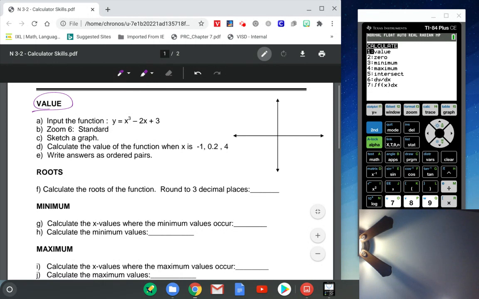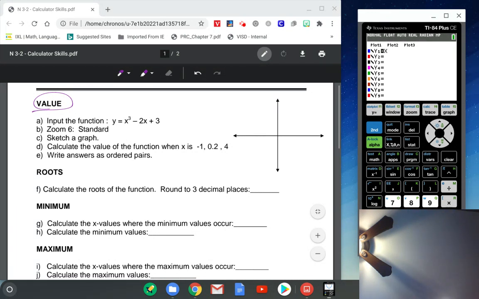And so I'm going to go ahead and type this function into y equals. If you haven't ever used this calculator, y equals is just below our main screen on that calculator. So y equals, and I'm just going to type this in. The x key is right here, it's x t theta n.